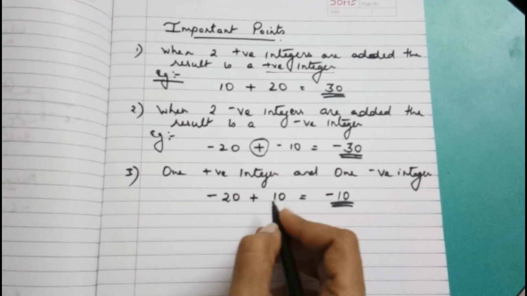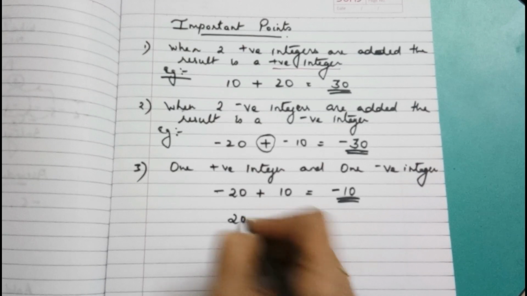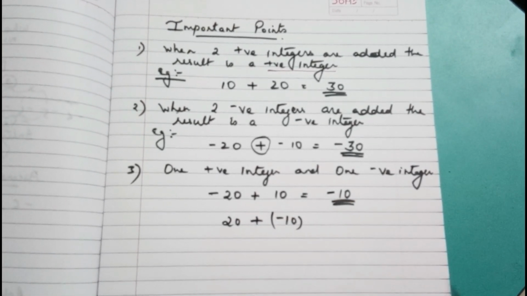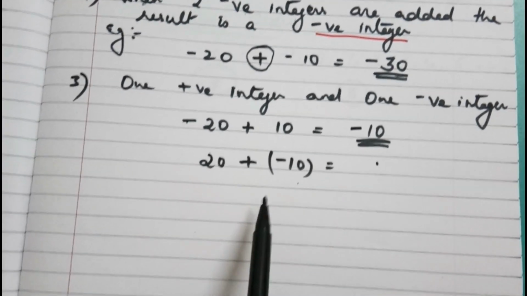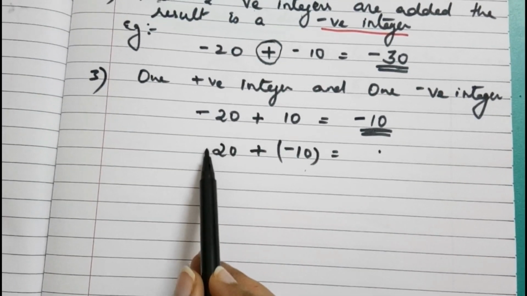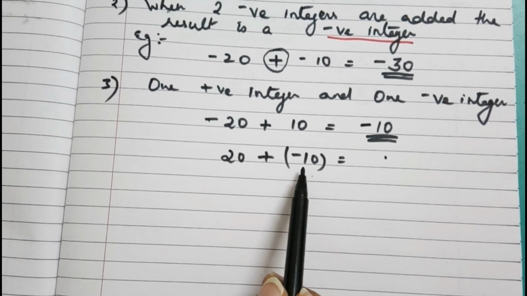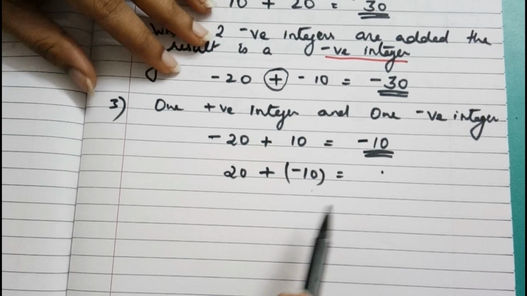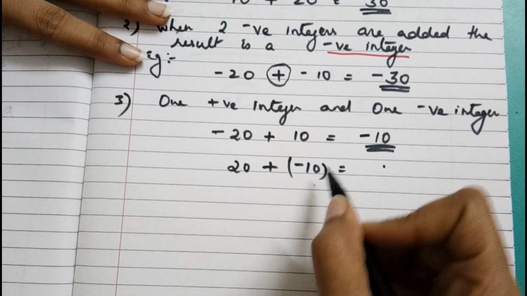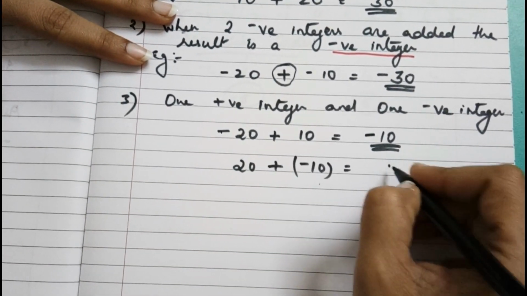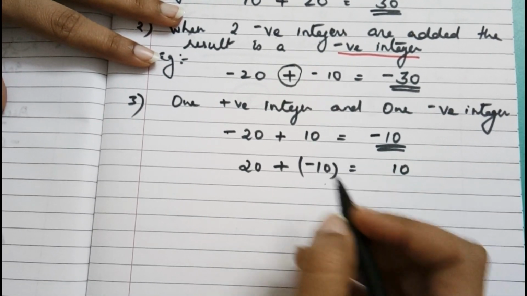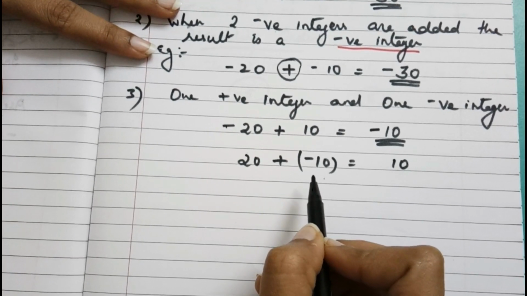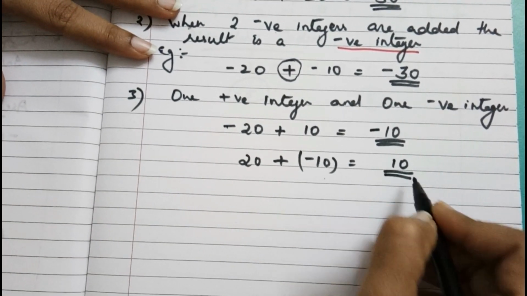Say in this case, if it was just the opposite, that is 20 plus minus 10. Here the bigger number is a positive integer and the smaller number is a negative integer. How to go about it? The result here will also be the difference of these two numbers, that is 10, but what sign will come here? Will it be positive or negative? Yes, it will be a positive sign.